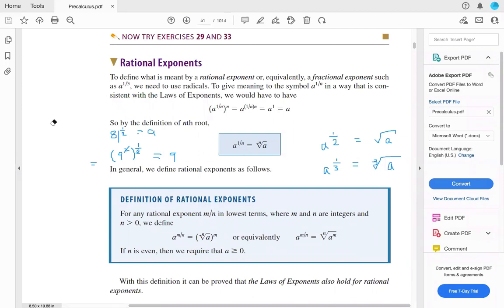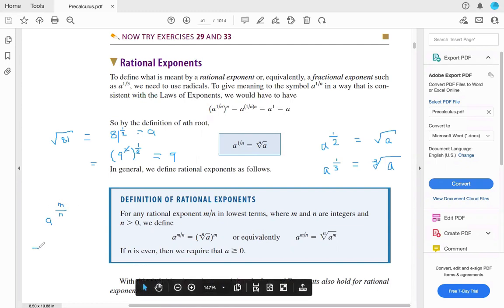Okay, so the last concept you need to know is a raised to the m divided by n. What does that mean? Because we involve a fractional exponent, I can turn this into a radical form. Where do a, m, and n go in this radical?